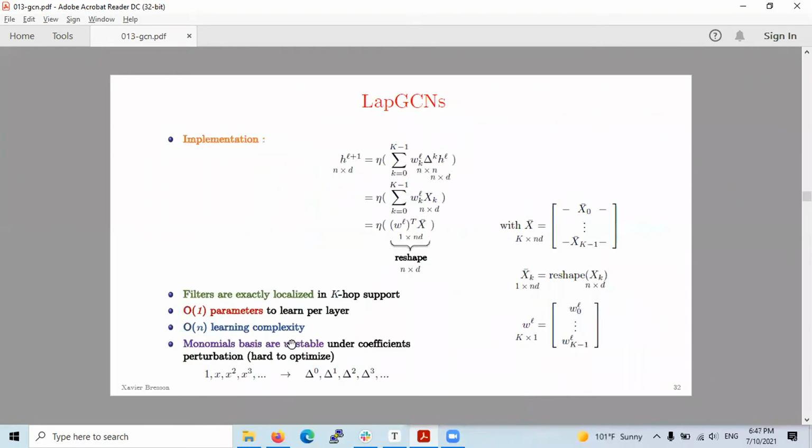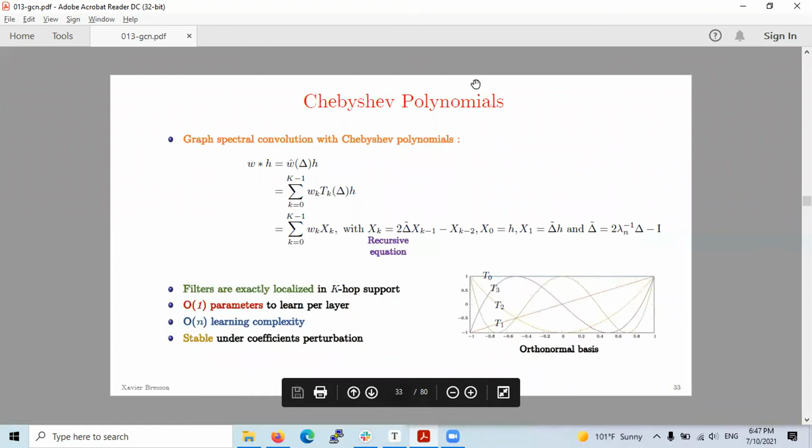Previously we had a monomial recursive function, a monomial basis, having only one kind of variable x, but now we have a polynomial of Chebyshev kind, and those form the basis of the Laplacian that is being learned, and they are apparently stable under coefficient perturbation.